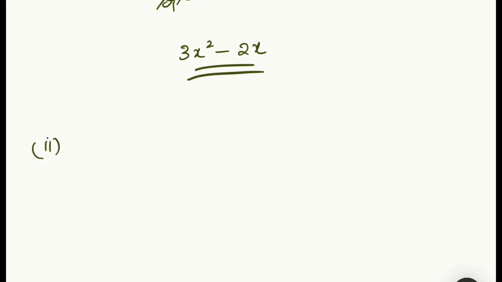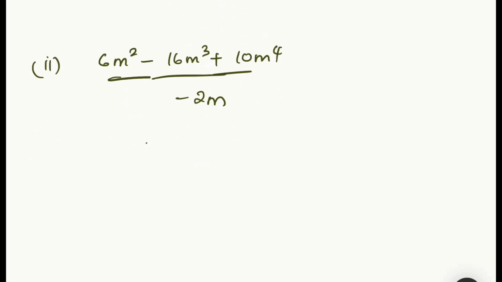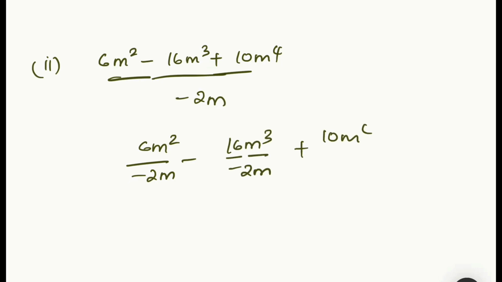Similar way, coming to the second question, we have 6m square minus 16m cube plus 10m to the power of 4 by minus 2m. So 6m square by minus 2m minus 16m cube by minus 2m plus 10m to the power of 4 by minus 2m. m is getting cancelled, 3 2s are 6.